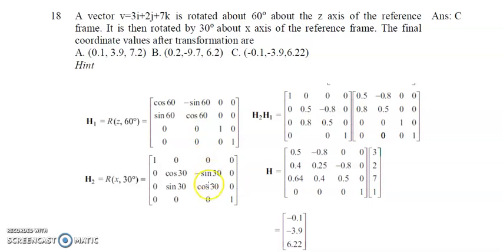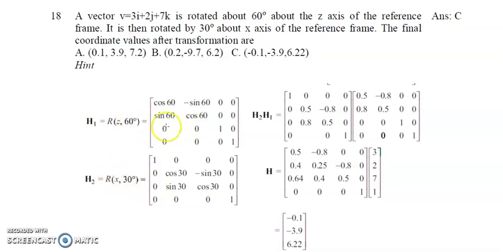And this column is going to be sin theta, 0, cos theta, 1. This is for the y axis. The y axis is not given in this problem.